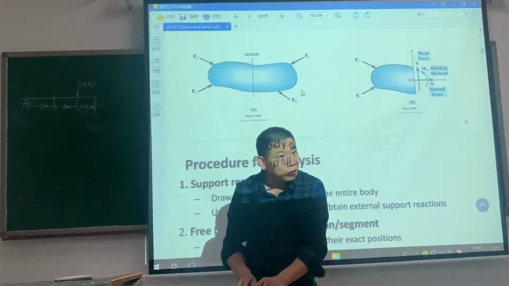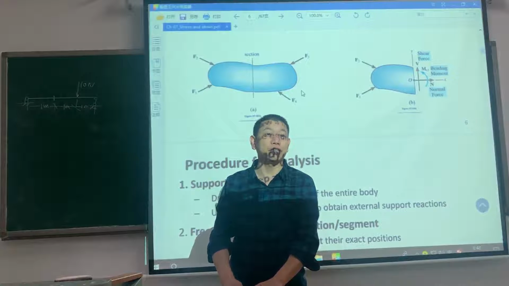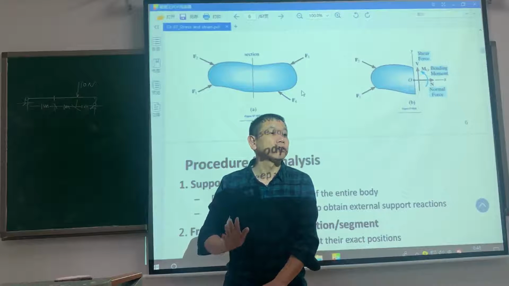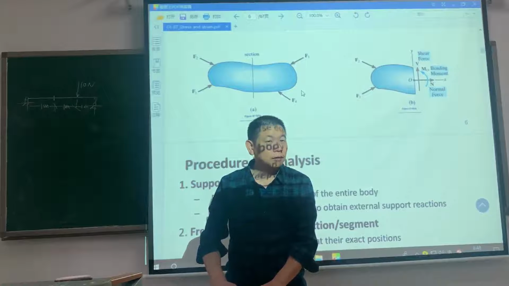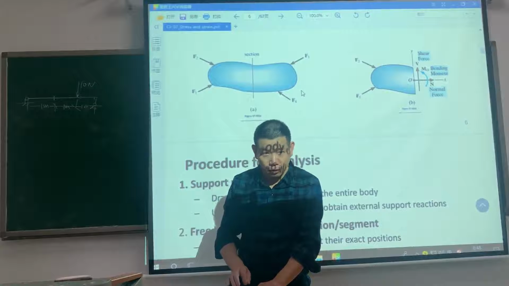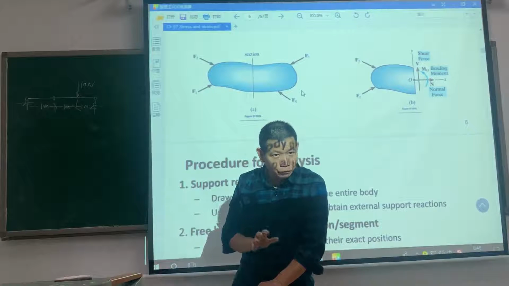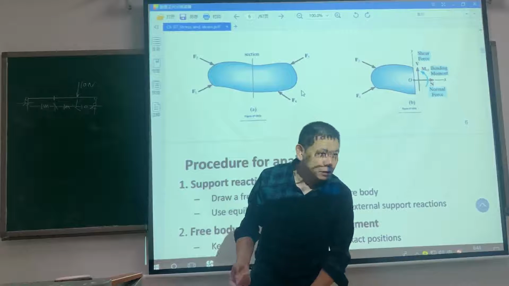We call this kind of bridge a continuous bridge. The forces happening in this kind of beam are a little more difficult than in a simple support beam.